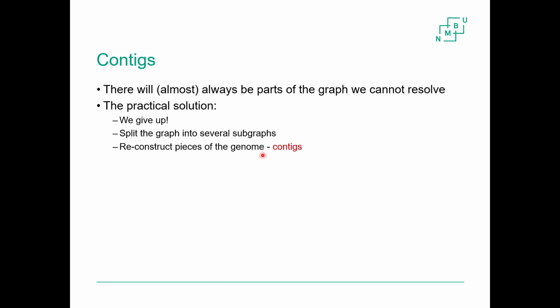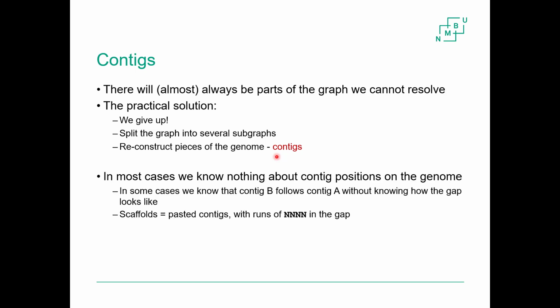And that's what we call the contigs. And this is what we end up with after sequence assembly. You don't end up with the whole genome. You cannot make the full puzzle, but you can make parts of it. Some are pretty big, and then you are really happy. But some of them will also be quite small, the difficult parts, you could say. We will see this.